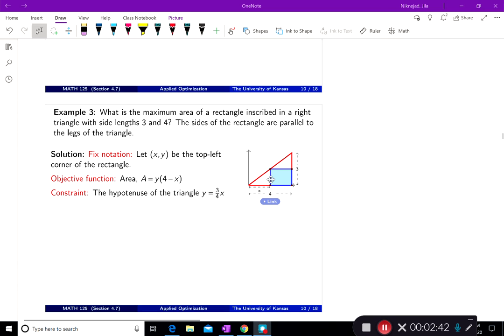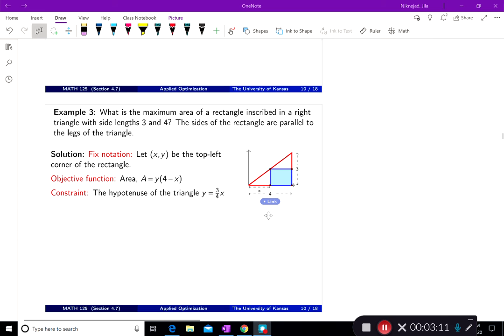How are they related? You have similar triangles in here. What is happening is that 3 over 4 is equal to this little length above divided by one side of the triangle, which is 4 minus x.